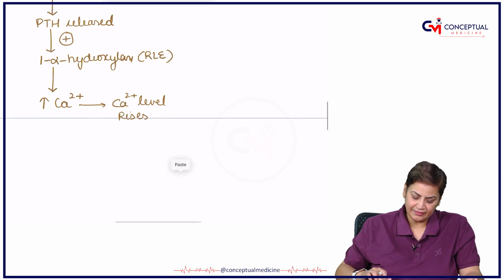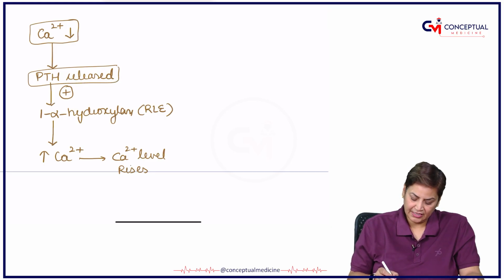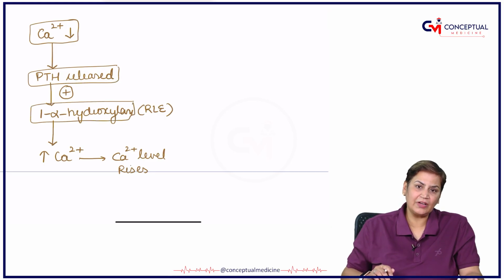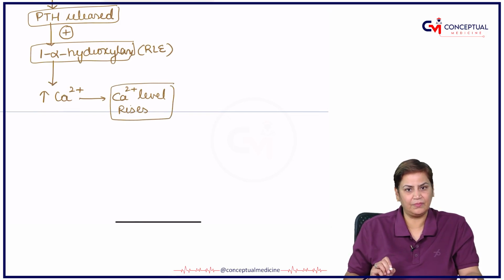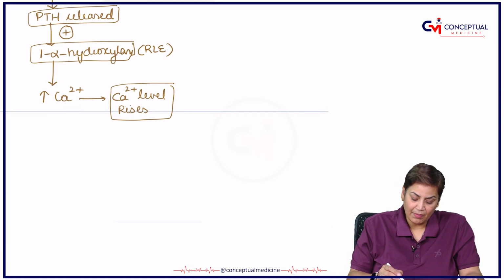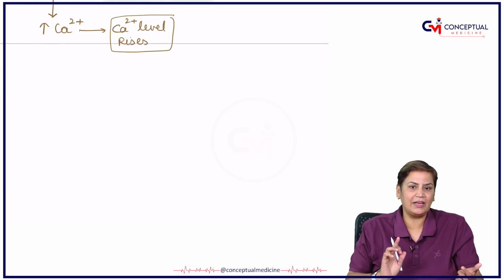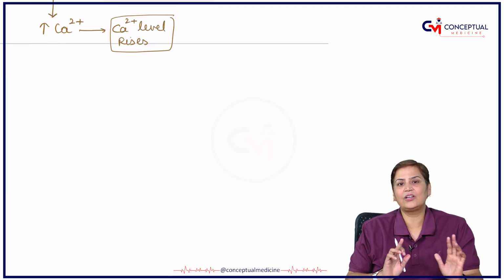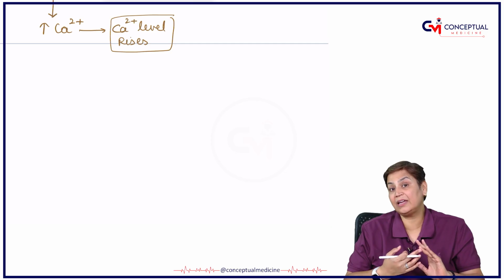You can see that decreased calcium level, release of PTH, activation of 1-alpha-hydroxylase and increased level of calcium. Now, whenever we talk about the action on intestines, because I told you vitamin D, whenever it is produced, it will act on three main organs. One is the intestine, second is the bones, third are the kidneys.